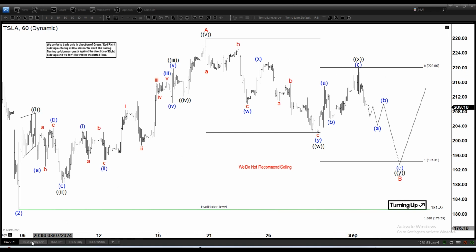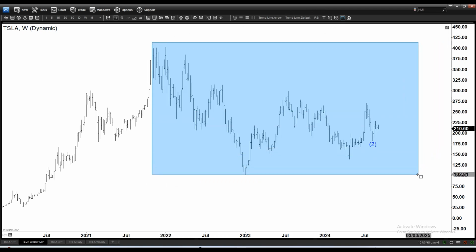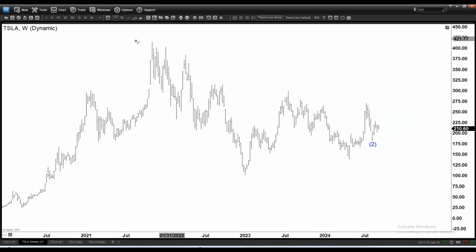Now, if we take a look at the larger time frame, we're going to focus on this wave 2 here, 181.22. So that's our wave 2 here. Now we've been sideways, to be honest, since we peaked out here in 2021, right? It's been kind of back and forth, and the significant high will be this one, and the significant low is this one, and then from here we've been sort of sideways, right?